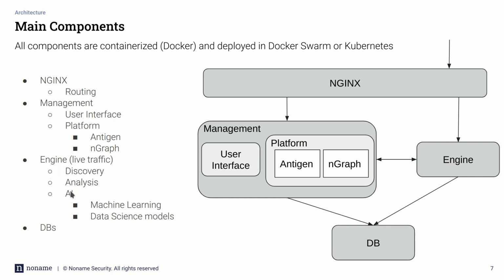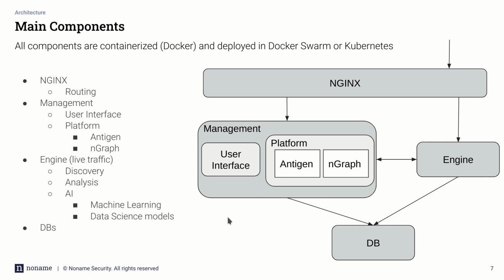By the way, this is where AI is at. And what do I mean by AI? Well, we have machine learning and data science models under the hood that capture that normal behavior. We'll talk more about this in a few slides. And of course, we have databases to store information for the sake of posterity. So these are the main components.